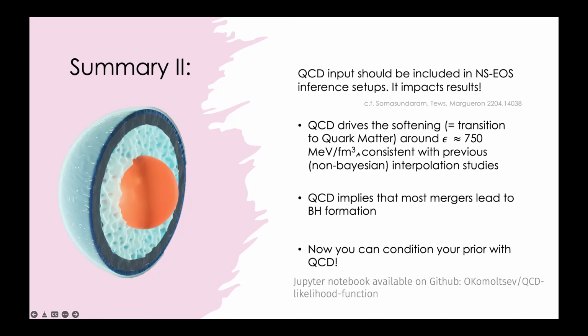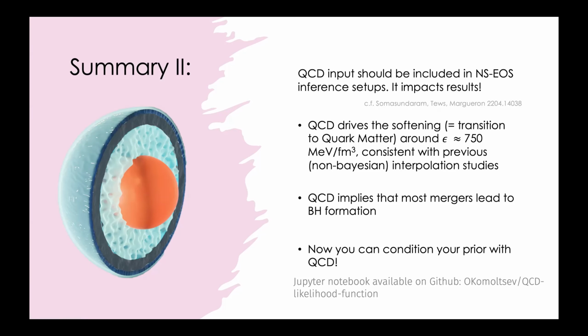And these results that I'm showing here are consistent with the previous non-Bayesian interpolation studies that I mentioned. We have a prediction that QCD implies that most mergers lead to black hole formation. And of course, now we hope that this information about the QCD calculation will be implemented in any complete inference setups.